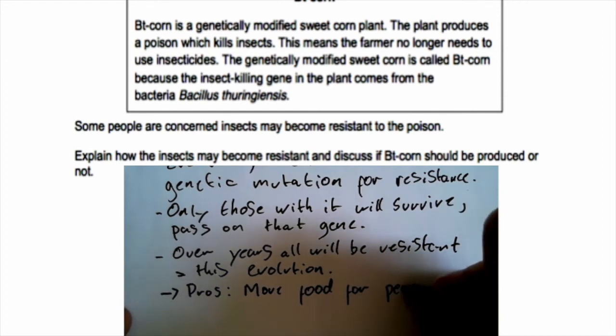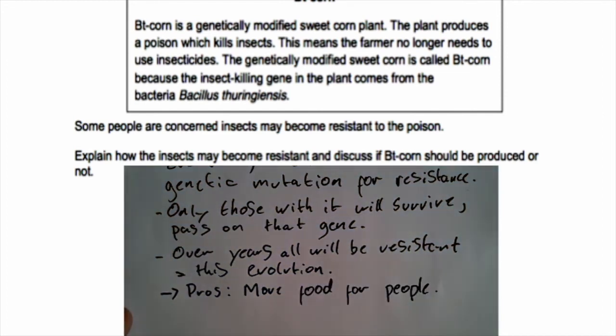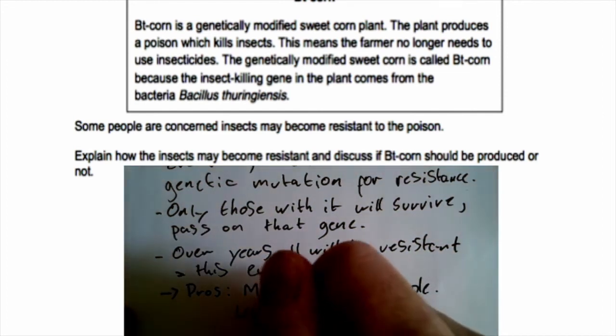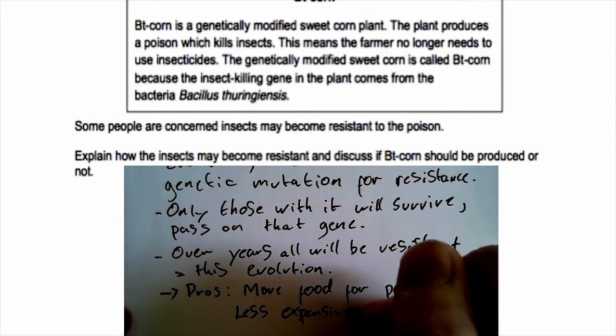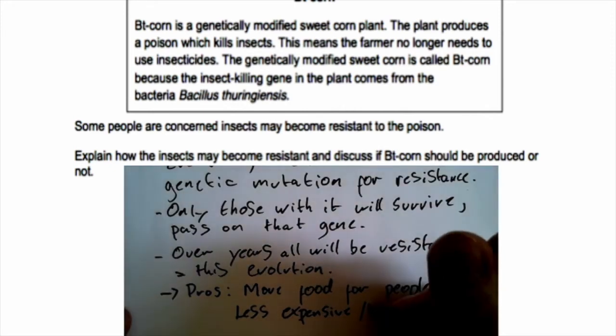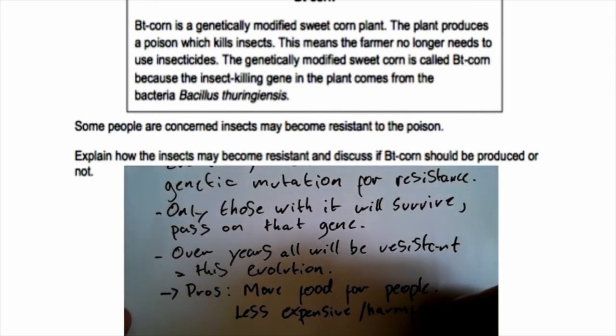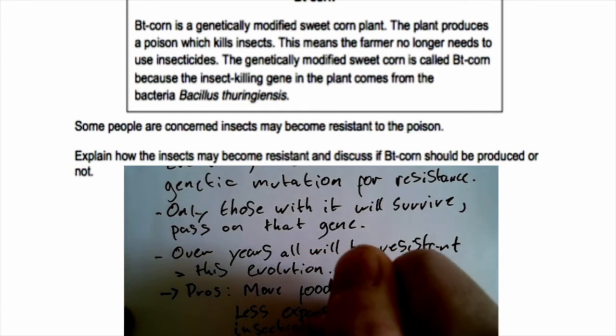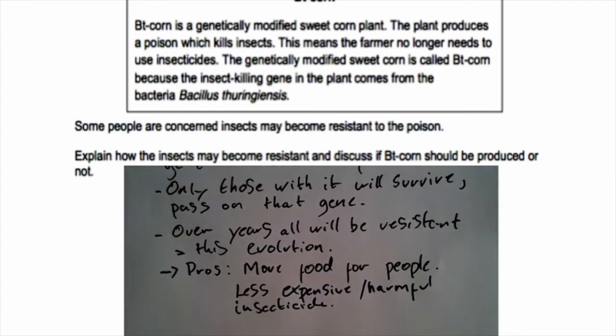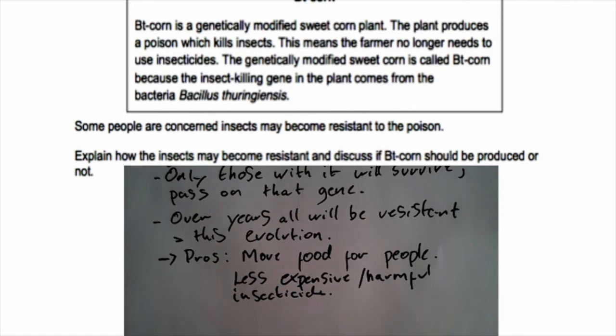That's the main reason we're doing this. You get to make more crops, and it means less expensive and harmful insecticide. Okay, which is a real bonus. Insecticide's not that good for the world.